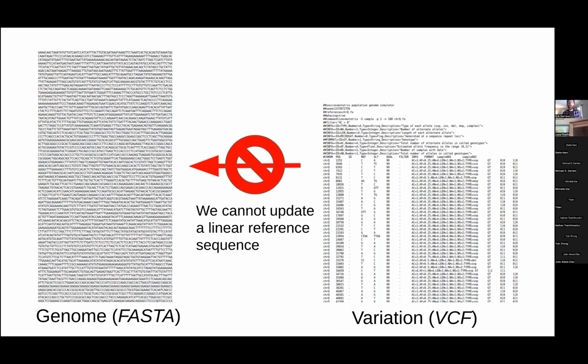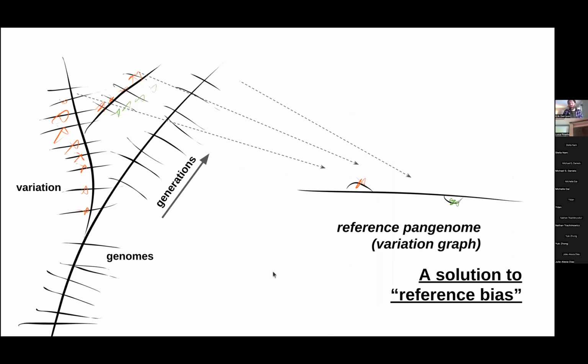And so a solution to this is to make the reference system not a linear sequence, but some kind of encompassing model. In the cases I'll provide today, that's a graphical model. There's a graph, has a certain structure, and it lets us represent multiple variations, multiple sequences in the same context in a non-redundant way.